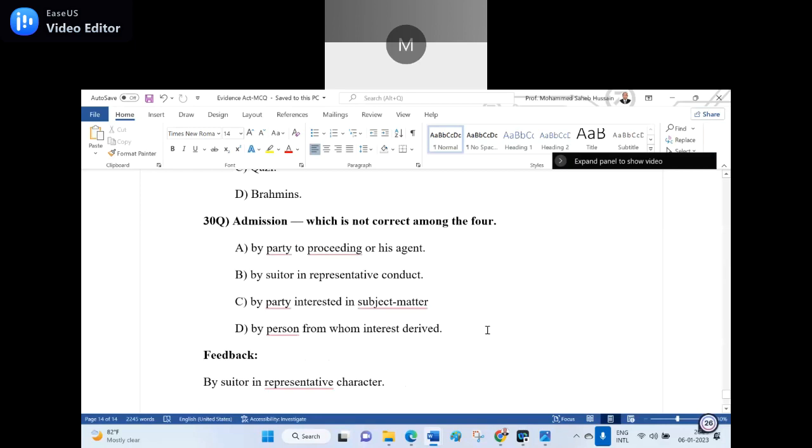What I fabricated is by suitor in representative character. I replaced the character with the conduct. Is it clear? Yes, sir.